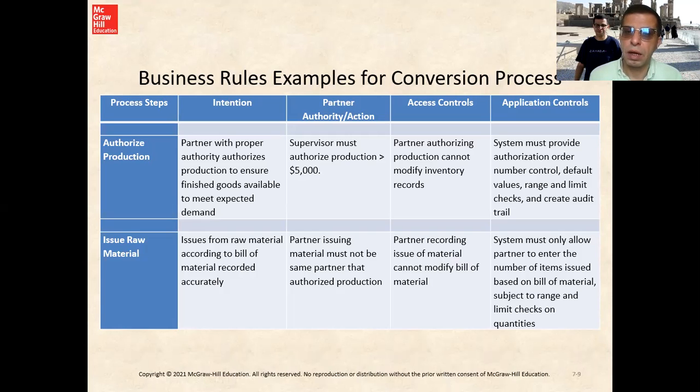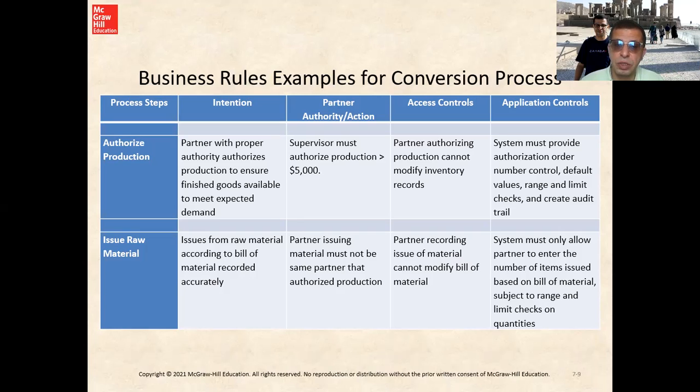And the application control system must provide authorization order number control, default values, range and limit checks, and create an audit trail. Always needs to create an audit trail. Who has the access control, what the application can do, who has authorization, and what's the intention of that process.